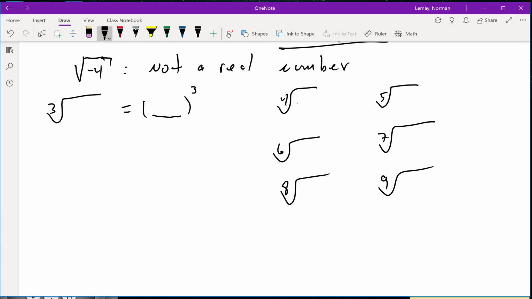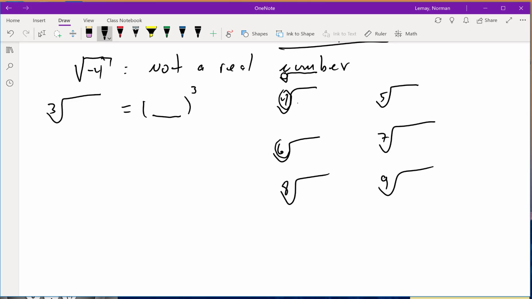The reason I wrote these out is I wanted you to notice that we can take the square root, where there's an implied number up here. These numbers here are even, and notice that these numbers here are odd.